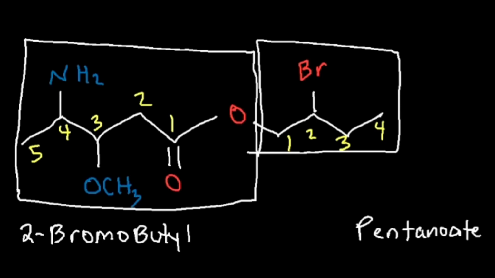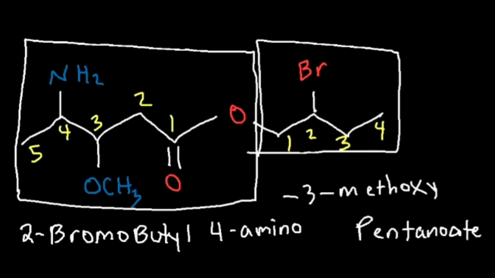Now we have an amino group on carbon 4 and a methoxy group on carbon 3. So this is going to be 4 dash amino, and I'm running out of space, so it's going to be dash 3 dash methoxy, and then pentanoate.